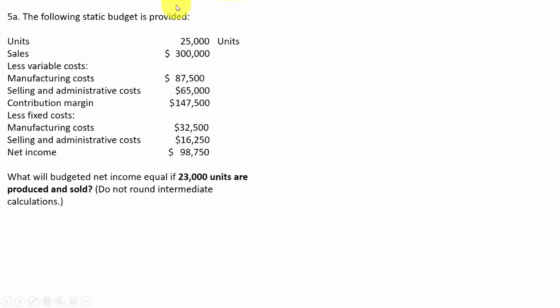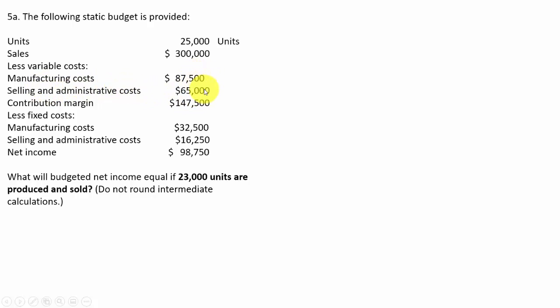In this problem, we've got a static budget, and we are given that the static budget gives us units of 25,000, sales of 300,000, and then we have less variable expenses or variable cost of manufacturing costs that are variable of 87,500, selling and administrative costs, which are 65,000.